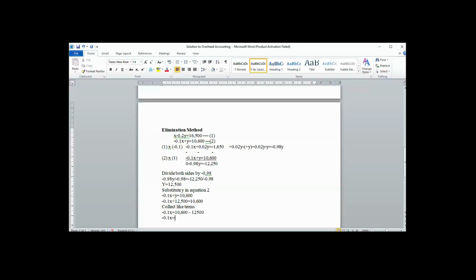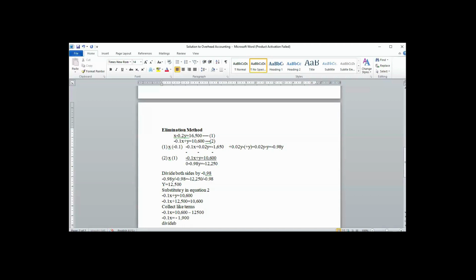Minus 1,900. Do we all agree? Yes, sir. Minus 0.1x equals minus 1,900. Now divide to get x.